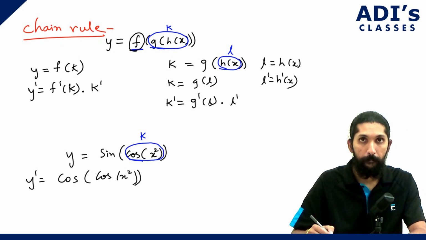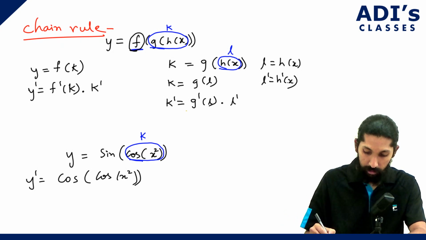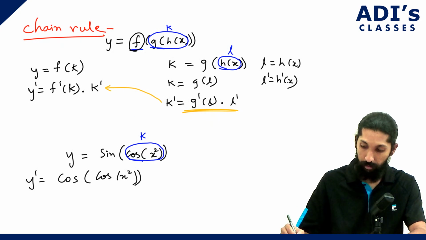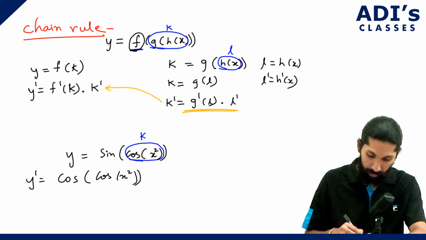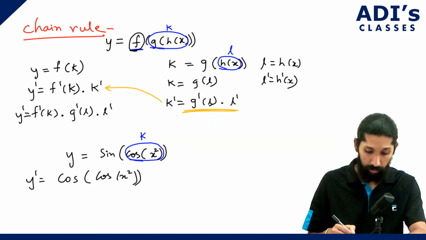Basically derivative. Now what we are going to do? See this k dash, whatever you have, that you'll substitute here. Okay, so you are going to get y dash is f dash of k into g dash of L into L dash, isn't it?